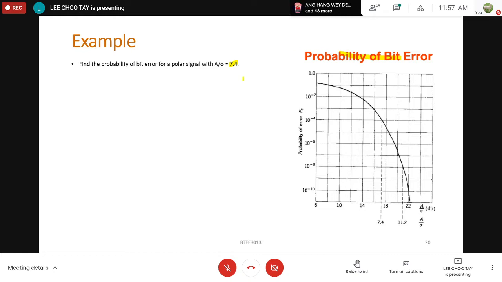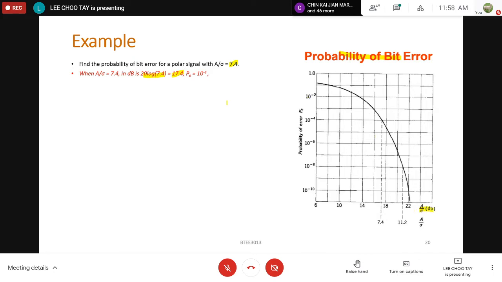As far as power is concerned, you have to convert to dB. So converting it to dB, you take 20 log 7.4, which is equal to 17.4 dB. The probability of error curve is normally plotted with A over sigma in dB form.